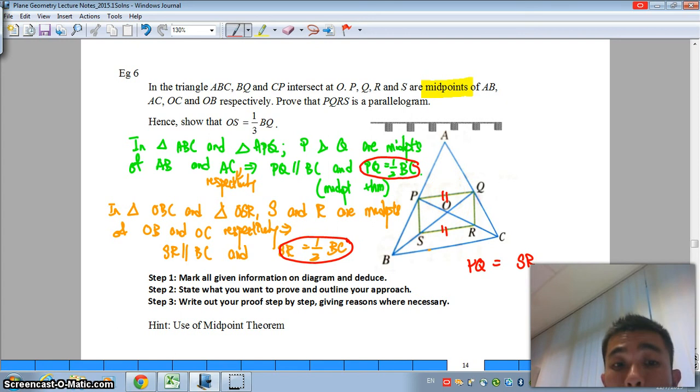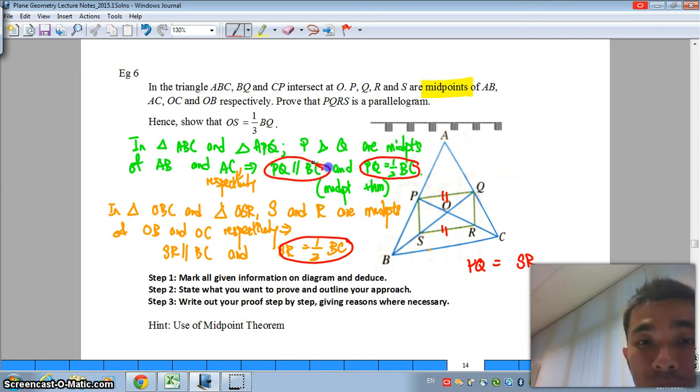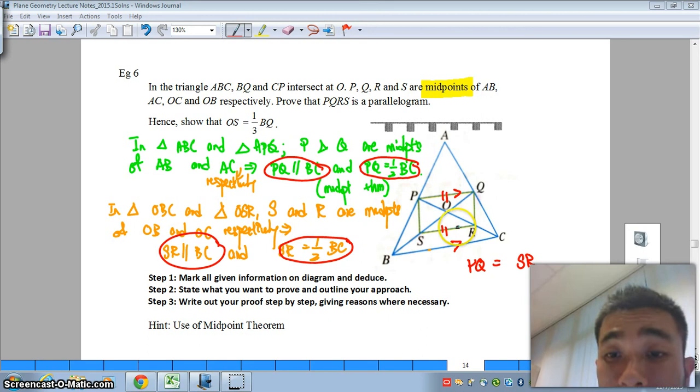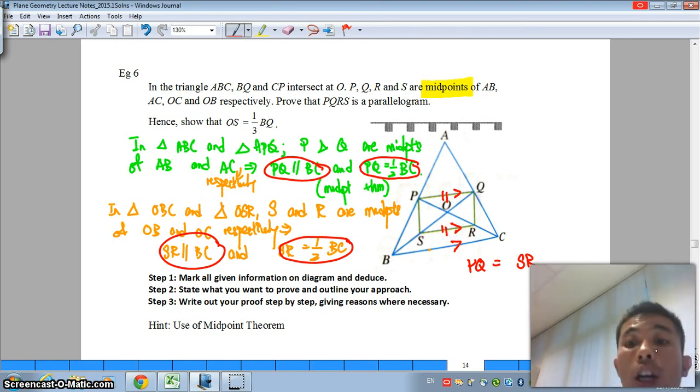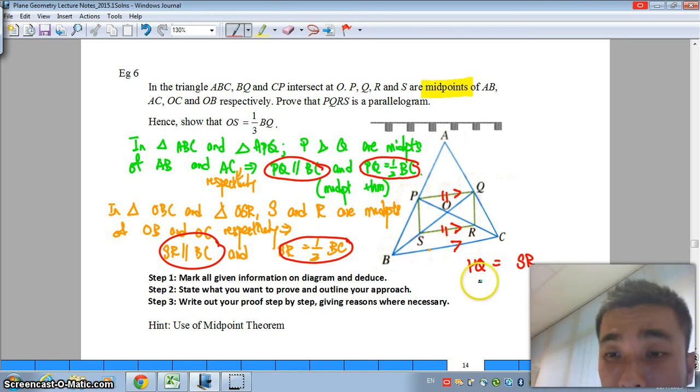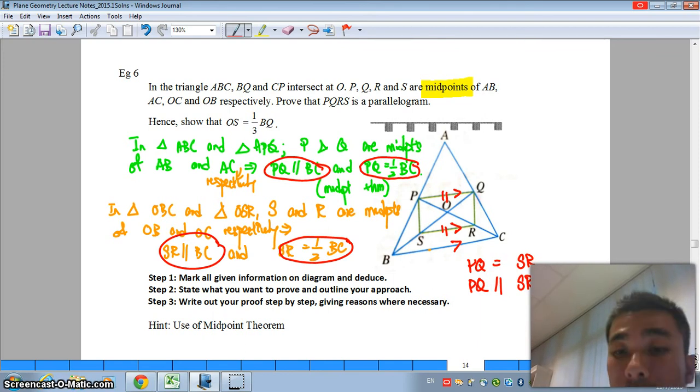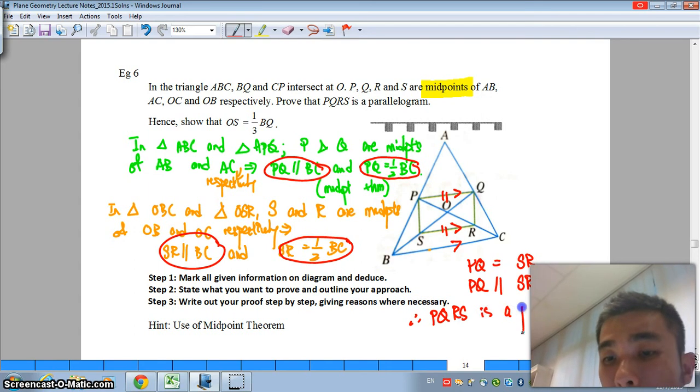Not only are they equal, what do you notice over on this side? Since PQ is parallel to BC, and also SR is parallel to BC, we can conclude that PQ is parallel to your SR. Since they are of the same length, they are also parallel. Therefore, PQRS is a parallelogram. This is one useful property of a parallelogram, hence proven.